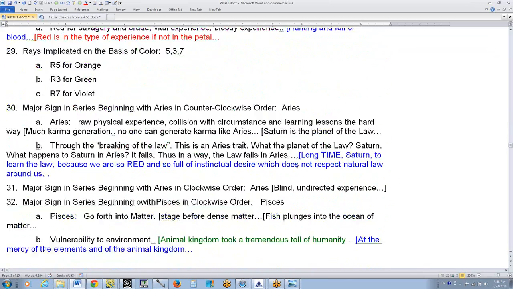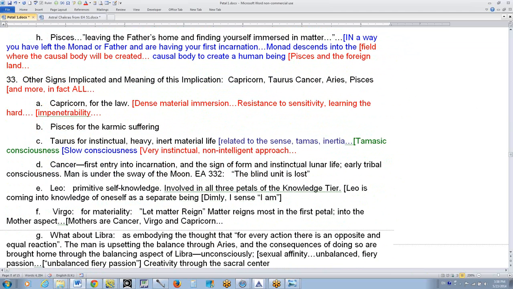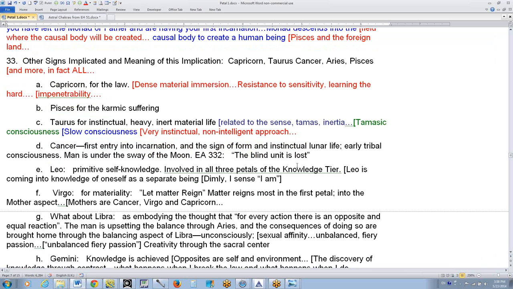Now, going back down, we're looking at the signs that are associated. Pisces, of course, for karmic suffering because of the breaking of the law. Taurus, for instinctual, heavy, inert material life. It's related to Tamas, of course. This is a Tamasic period, at least in terms of consciousness.